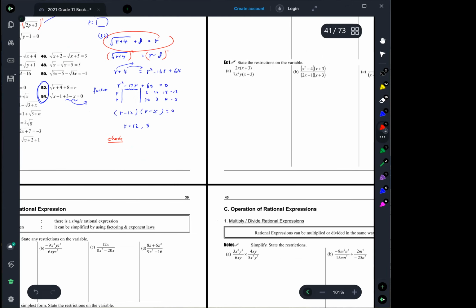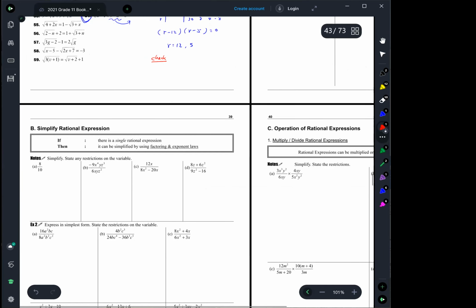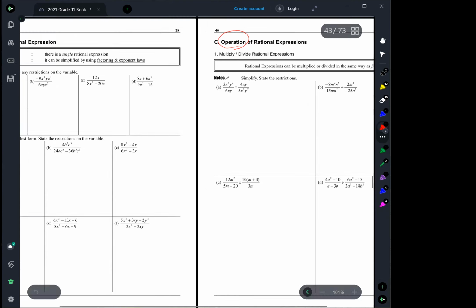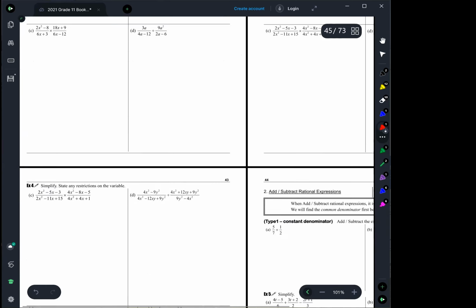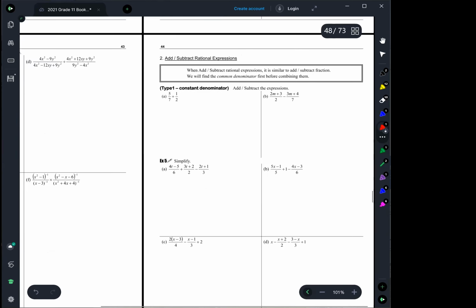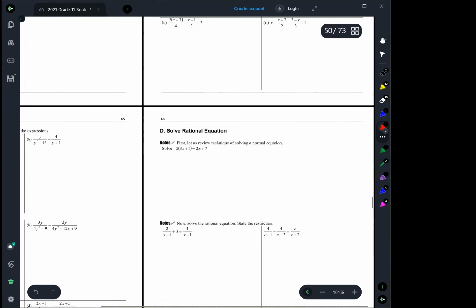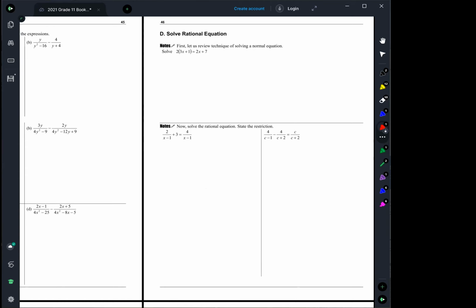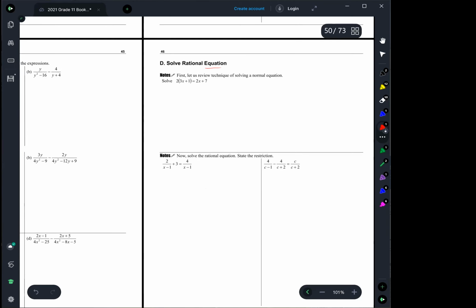After we talked about restrictions, we'll learn how to simplify each fraction and then how to do operations between the fractions, including multiply and divide. And then we have on page 44, add and subtract. After we know how to do those operations, then we apply that to equations, solving.